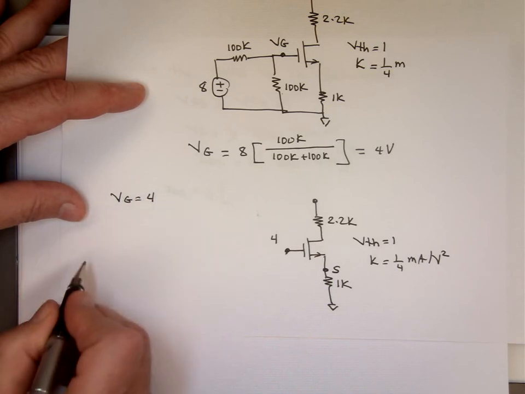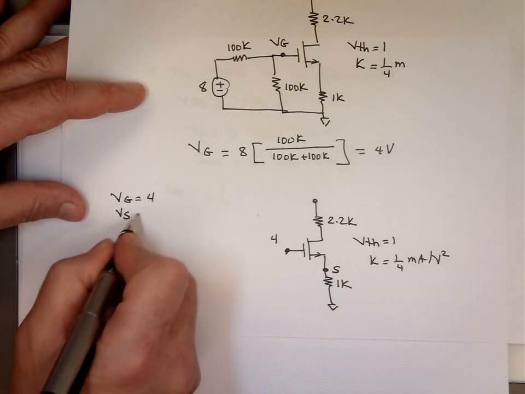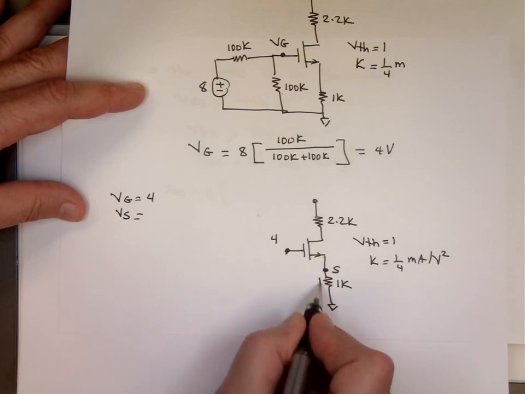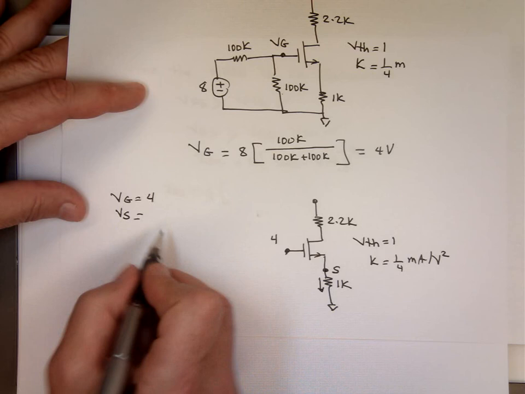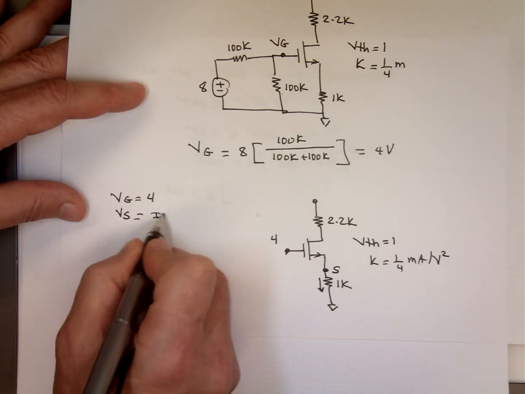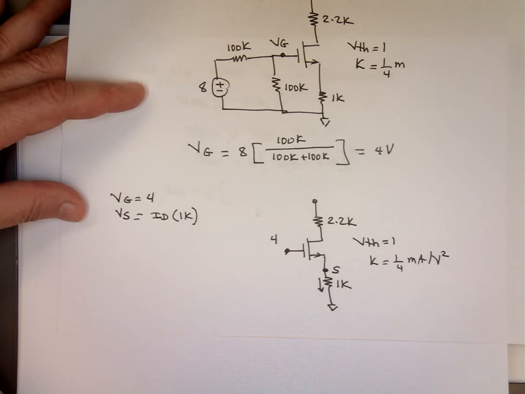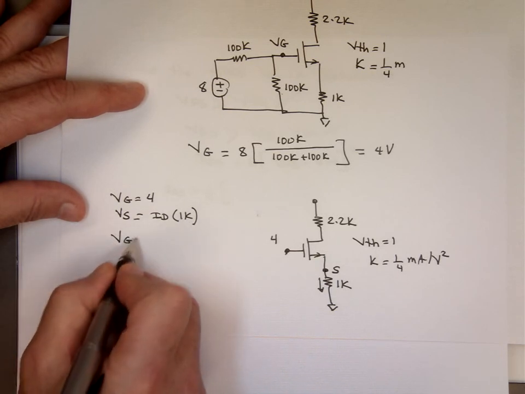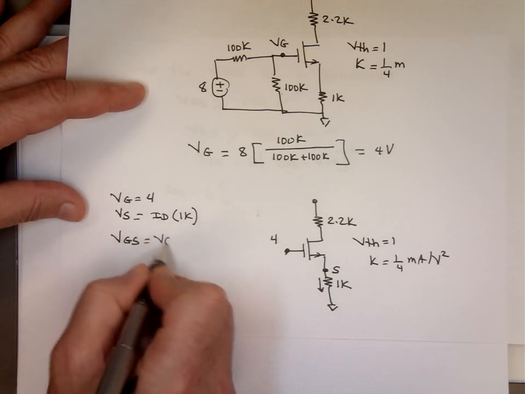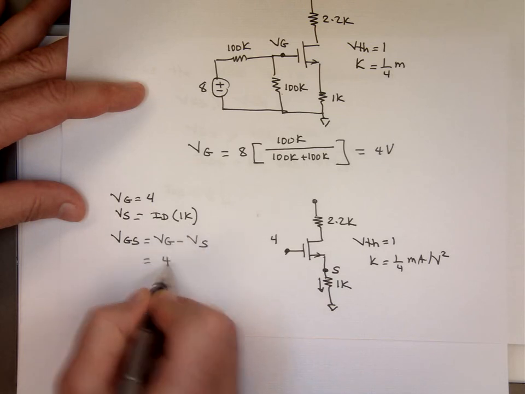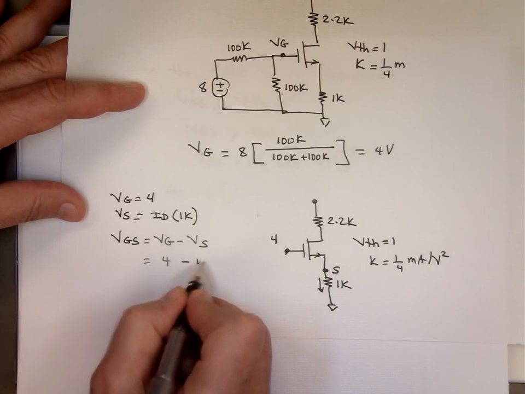I know VS is the voltage right here. Since this is ground, it's whatever the drop is here, so it's I sub D times 1K. So VGS is equal to VG minus VS. My VG is 4, my VS is 1 I sub D, and that's in milli.